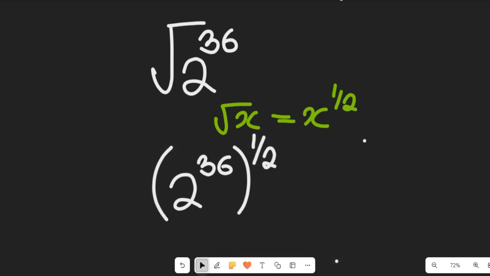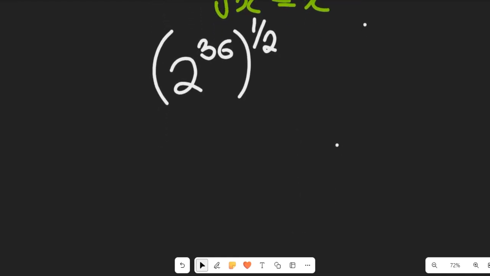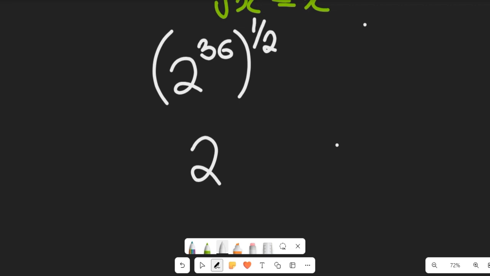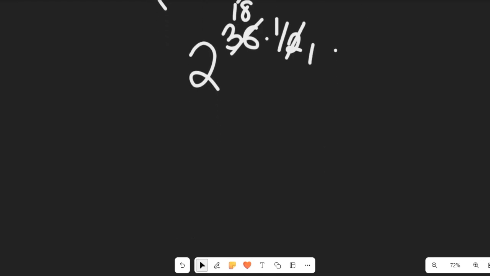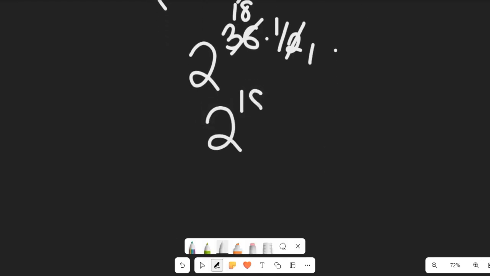As protocol has it, the exponents will have to multiply. So I'm going to have 2 to the power of 36 multiplied by 1 divided by 2. 2 here will give me 1, while 2 here will give me 1 and 8. So that will give me 18. So that fraction will now be reduced to 2 to the power of 18.